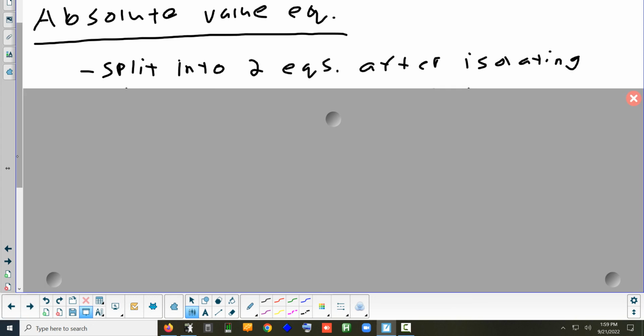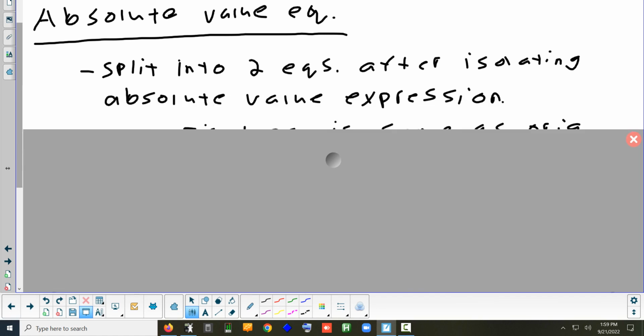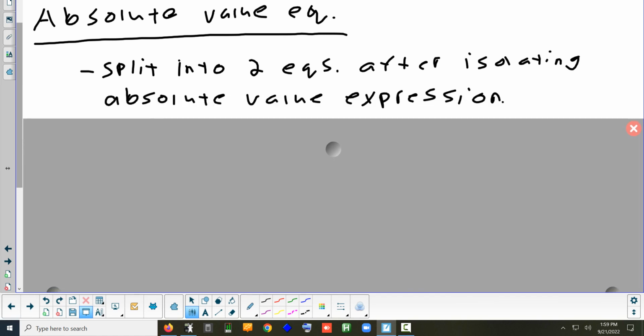All right, another type of problem that involves just solving something that looks like a linear equation is an absolute value problem. When we're solving an absolute value equation, it's going to look something like this.